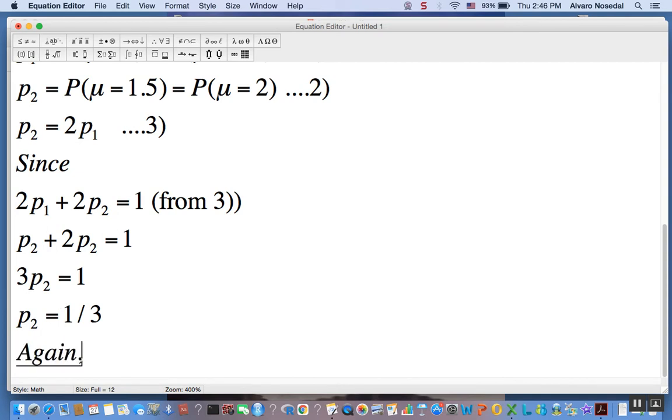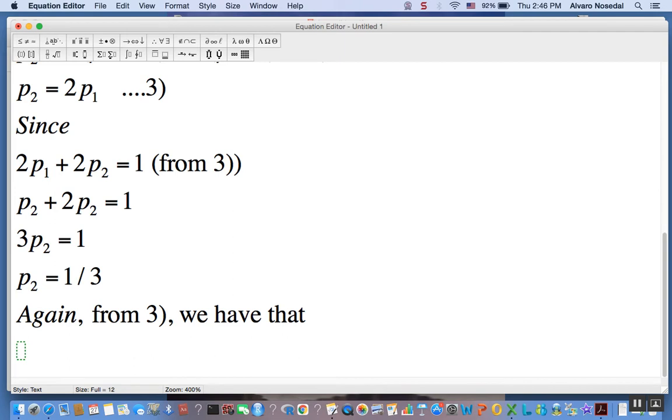So again, from 3, we have that p1 must be p2 divided by 2, which happens to be just, this is the same, note, as 2 over 6.